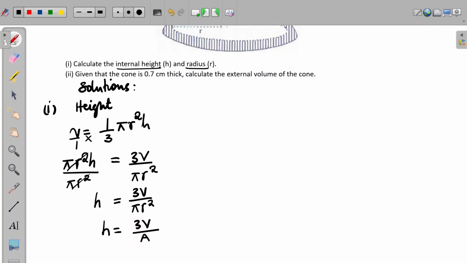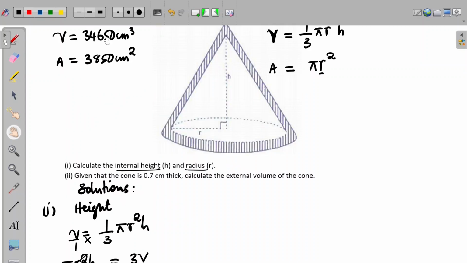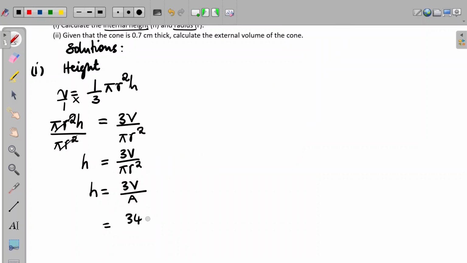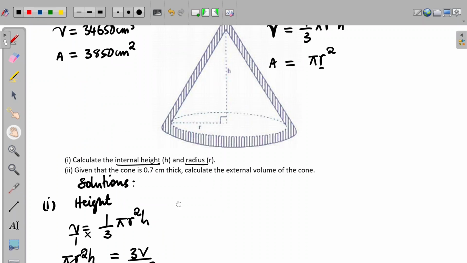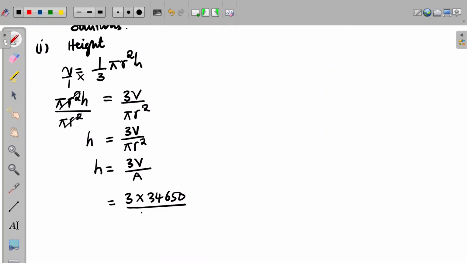Volume is 34,650. So we are saying 3 times 34,650 over area. Area is here, which is 3850.